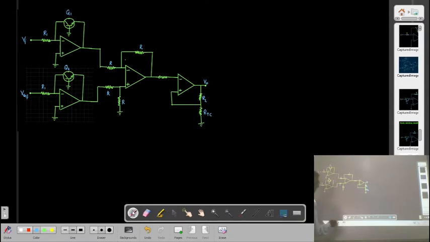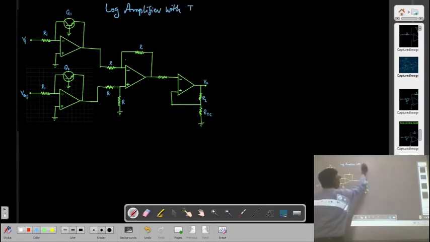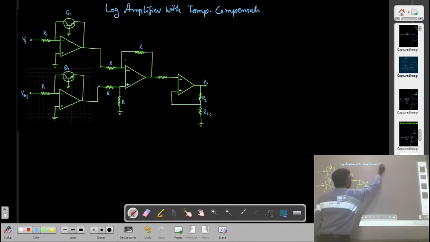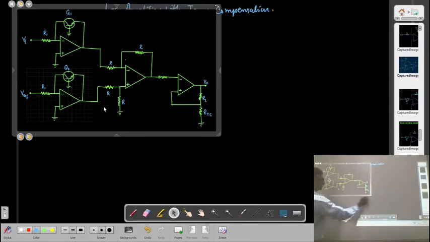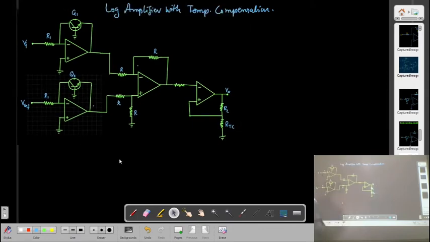So you can say this circuit is nothing but a log amplifier with temperature compensation. Correct? And if you look at this circuit, here we have one log amplifier, and another log amplifier is there.